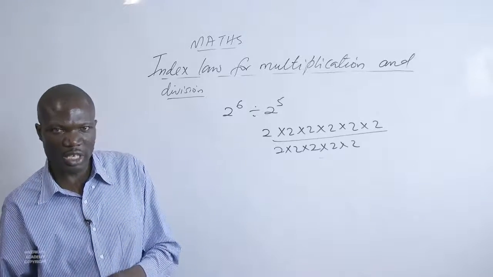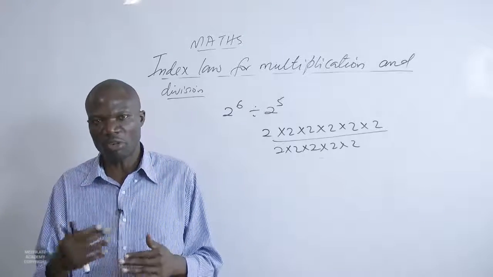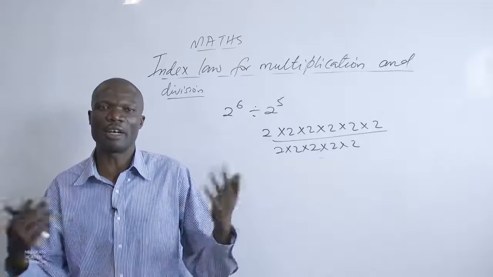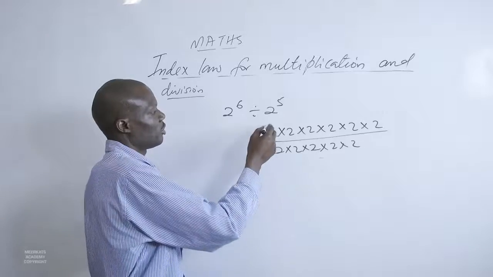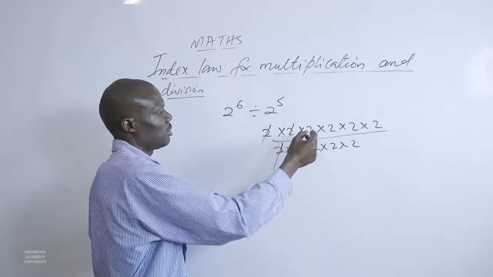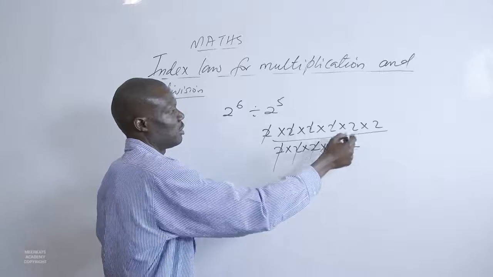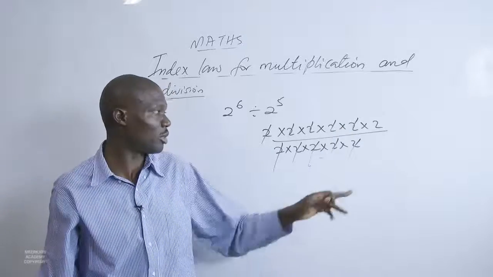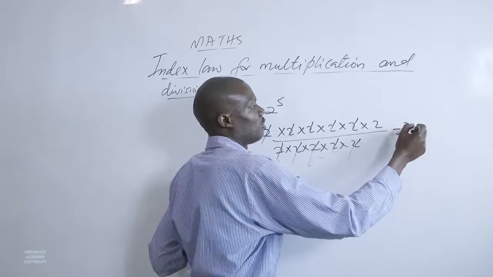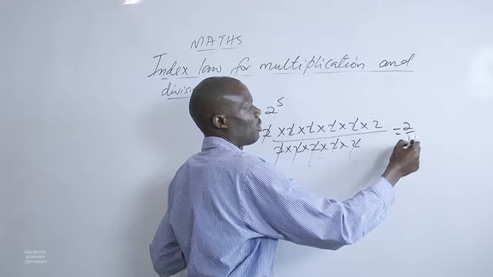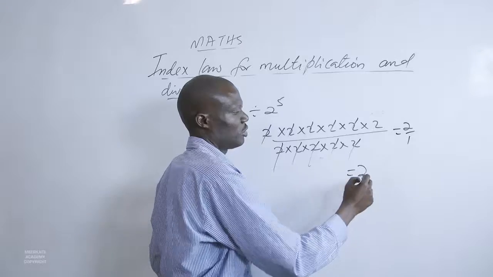In fractions, we say that those factors which are common in both numerator and denominator are always cancelled. So we are going to cancel here. 2 and 2, 2 and 2, 2 and 2, 2 and 2, and 2. Oh, we are done, but we are remaining with one numerator of 2. So which gives us 2 over 1, which is equal to 2.